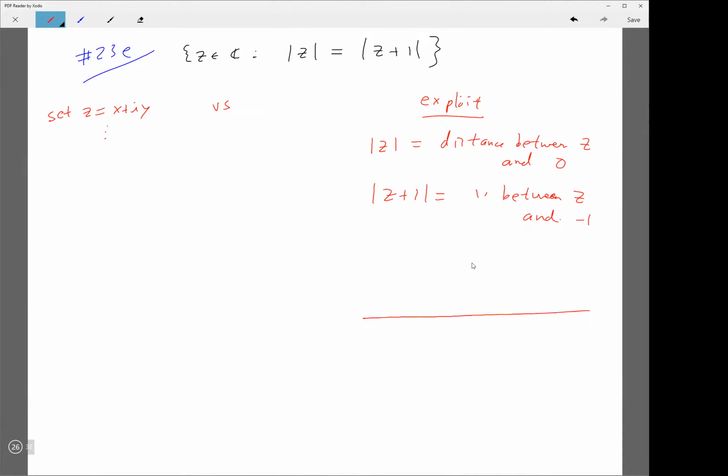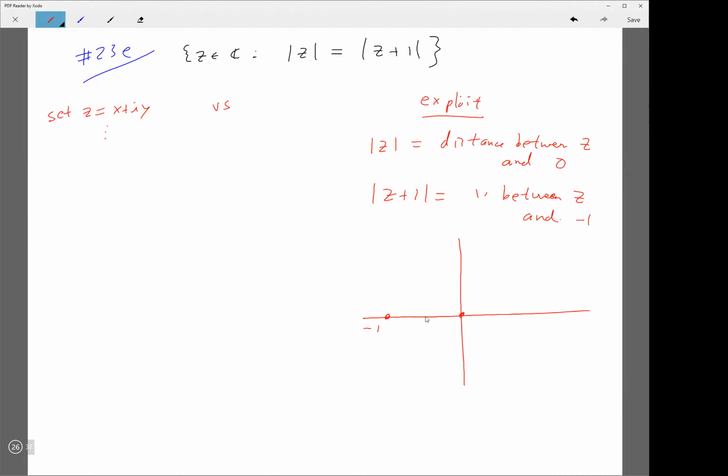So if here's 0 and here's -1, you're looking for all points where these two distances are the same, where the distance between Z and 0 and the distance between Z and -1 are equal to each other.